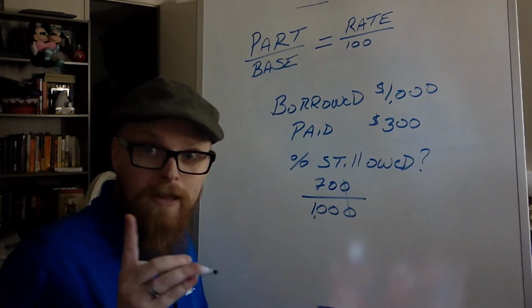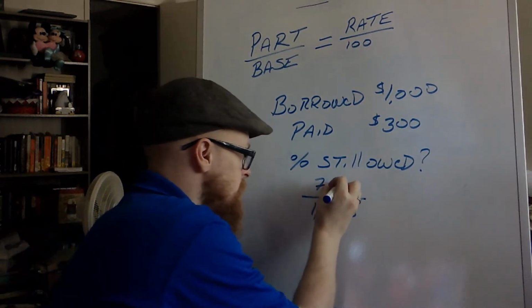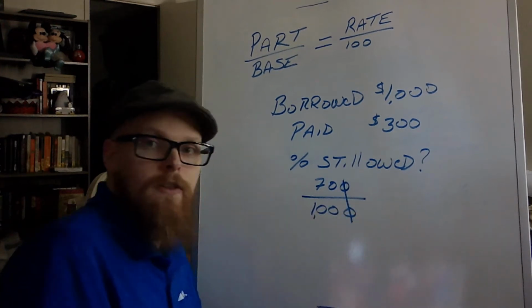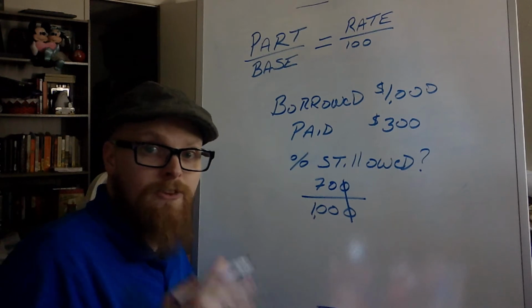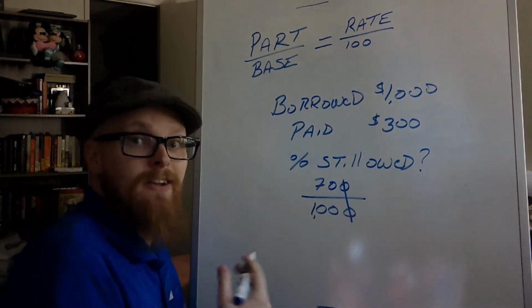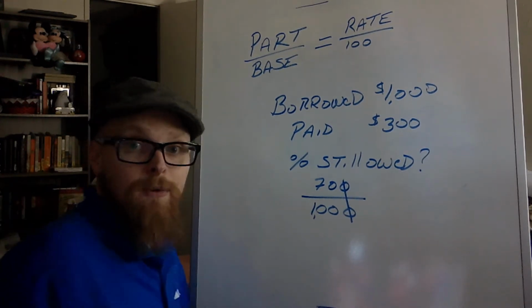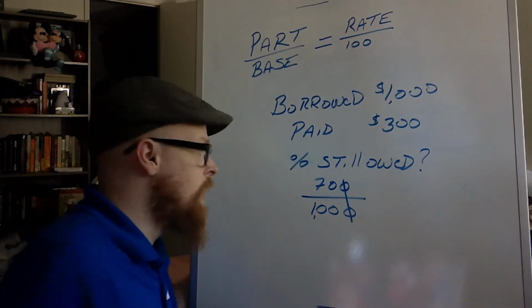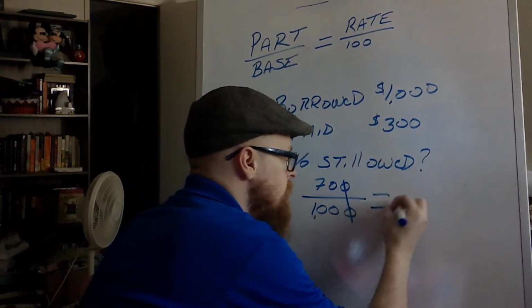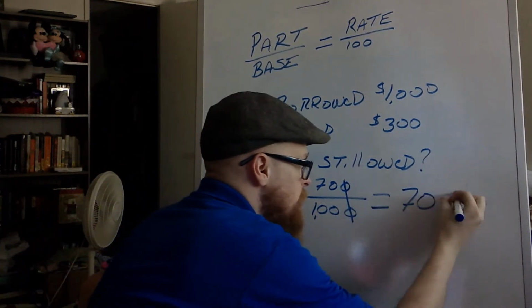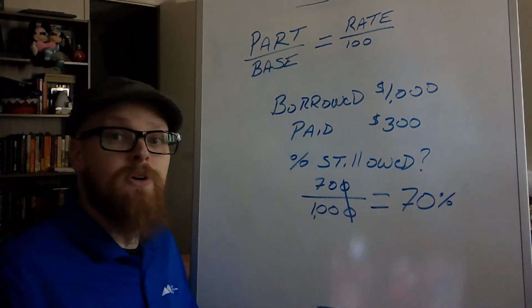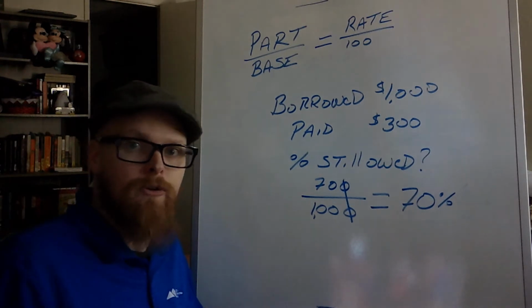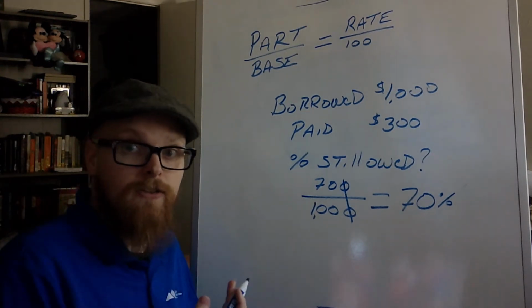Make sure you cross them both out, one on top, one on bottom. This leaves me with 70 over 100. If I'm looking to get simpler, I can keep going until I run out of zeros. But in this case, I'm looking for a percentage. 70 over 100 is 70%. Jack still owes Joe 70% of what he borrowed. That's what this is telling us.